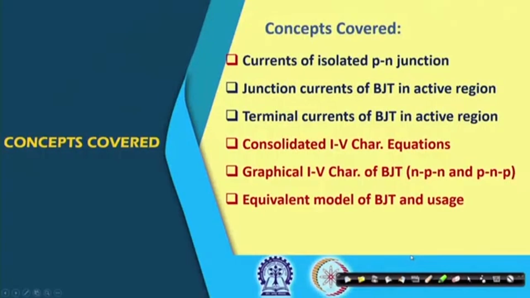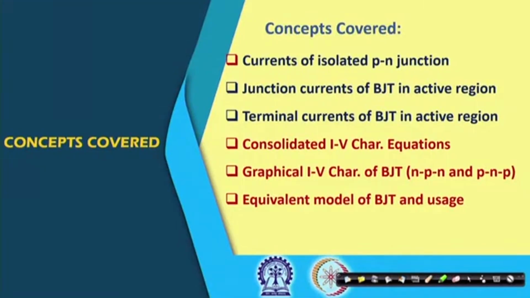These are the concepts we have already covered. The first three items in blue we have already covered, and today we are going to the IV characteristic and how we use the IV characteristic to analyze simple BJT circuits.